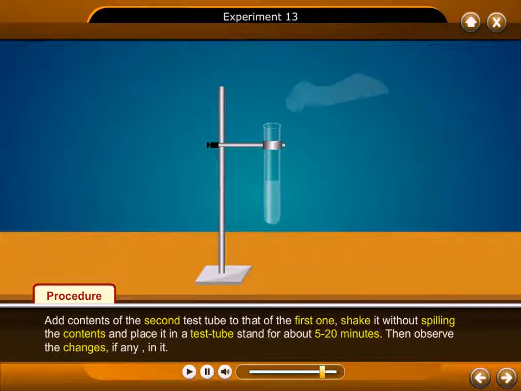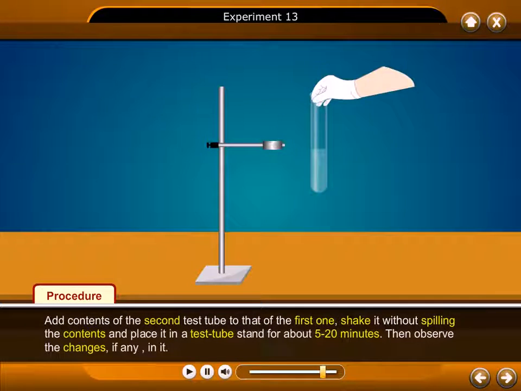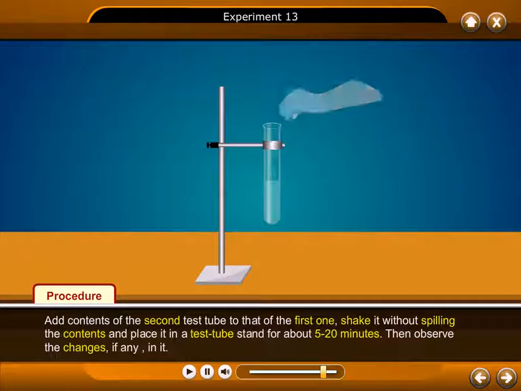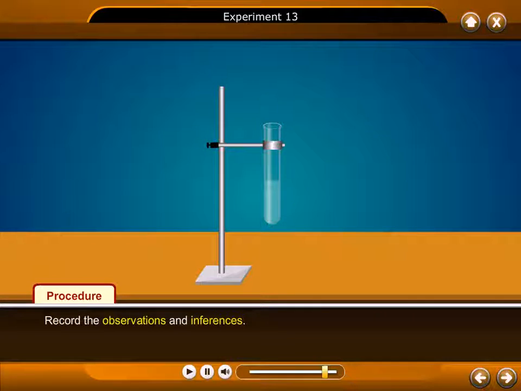Add contents of the second test tube to that of the first one. Shake it without spilling the contents and place it in a test tube stand for about 5 to 10 minutes. Then observe the changes, if any, in it. Record the observations and inferences.